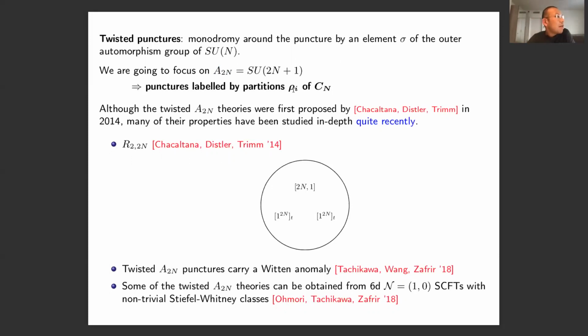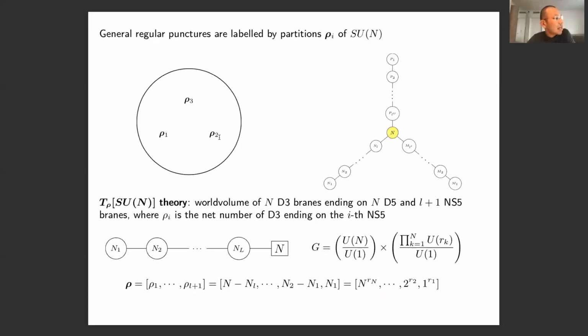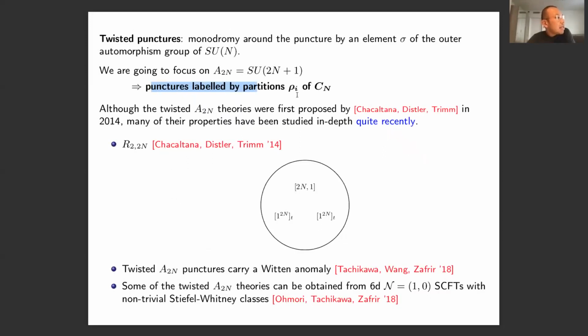It turns out that once you do this type of outer automorphism folding of the puncture, it's not just a partition of N anymore. This is not a partition of 2n+1, but it turns out to be a partition of 2n. This is called a C_n partition, and it has some special features.